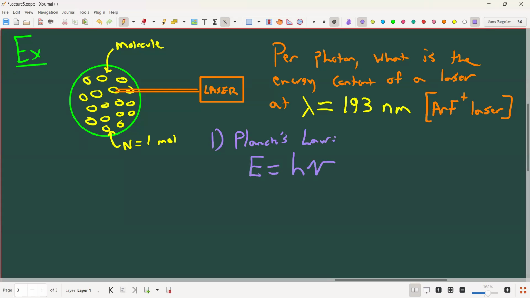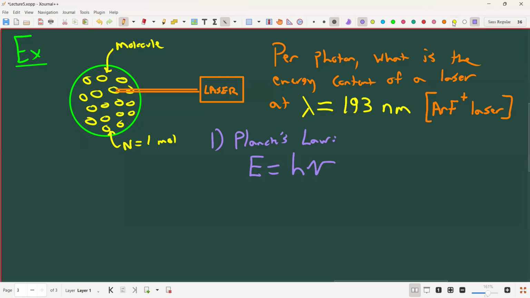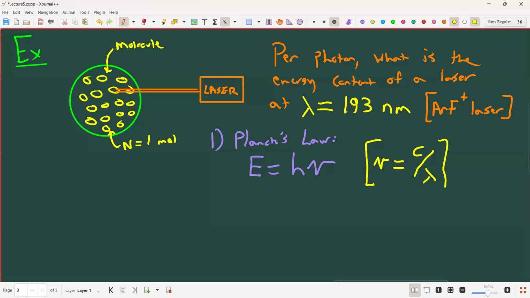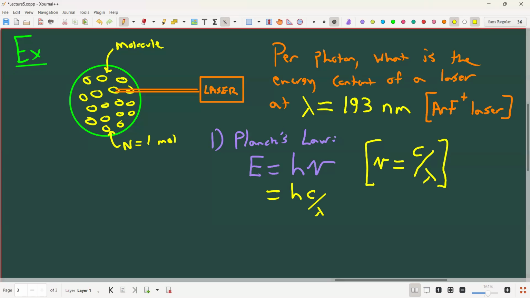So we need to convert between wavelength and frequency, which is perfectly reasonable. All we need to know is the speed at which the light is traveling, which is the speed of light. So we can always convert frequency to wavelength by taking the speed of light divided by the wavelength. So this is equal to hc over lambda.